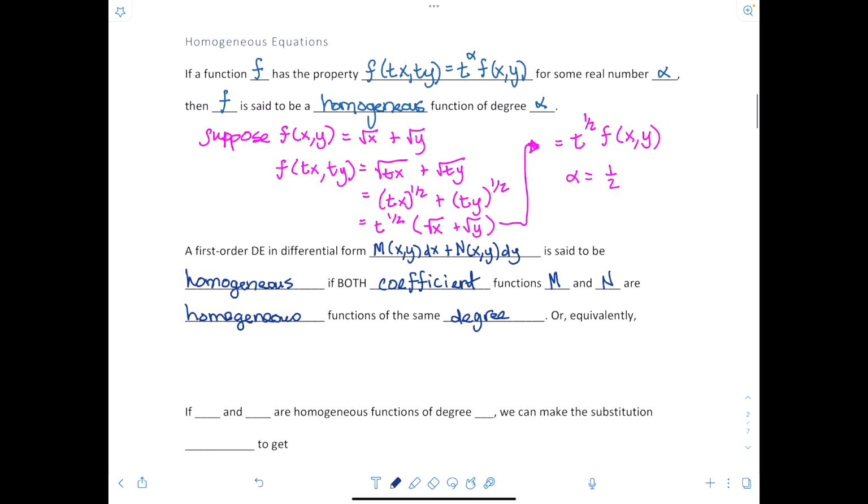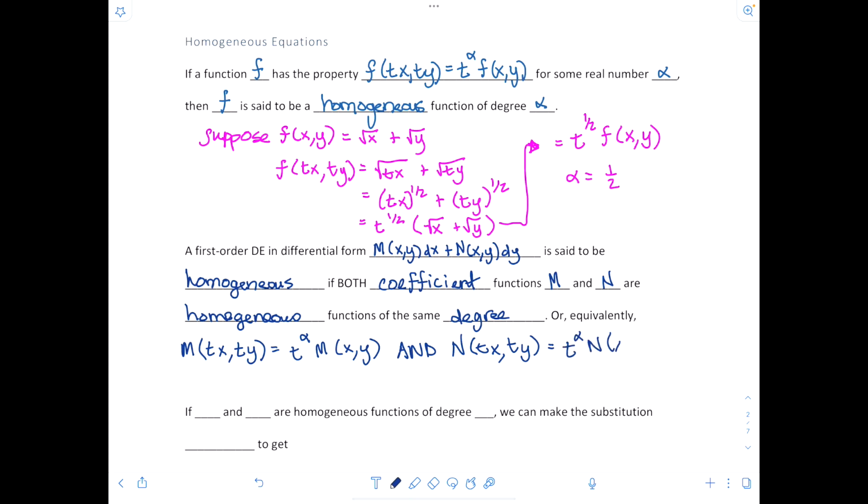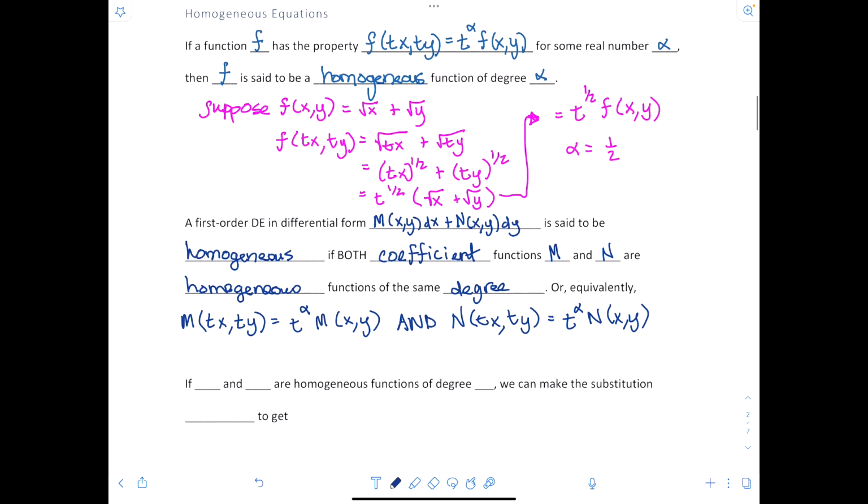Or equivalently, M at tx and ty equals t to the alpha times M at x and y, and N at tx and ty is equal to t to the alpha times N at x and y, where alpha is the same.